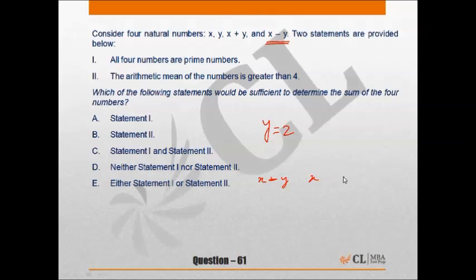It can also be seen that x minus y, x, and x plus y are prime numbers where x is an odd number and y is 2. It means x minus y, x, and x plus y have to be odd, and they will be consecutive odd numbers because the value of y is 2.